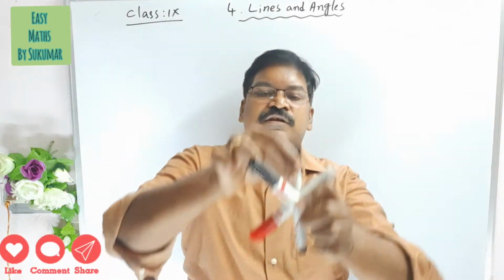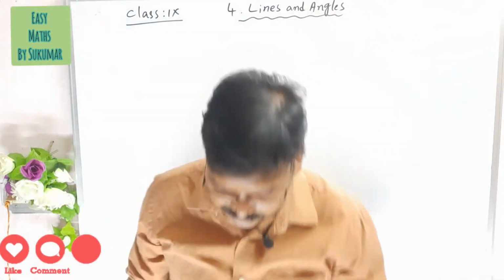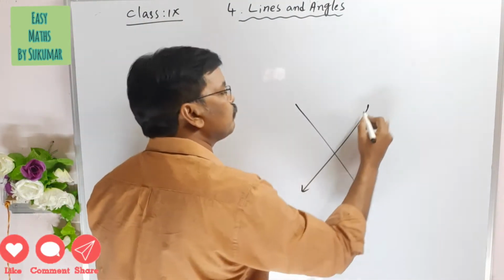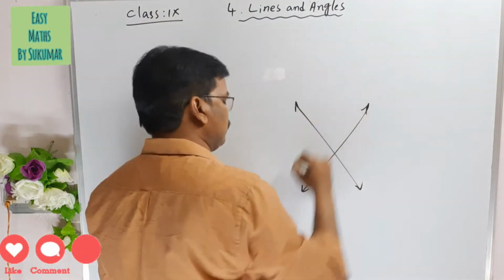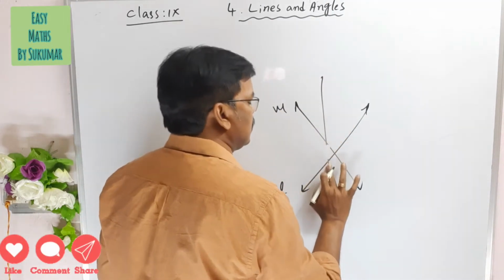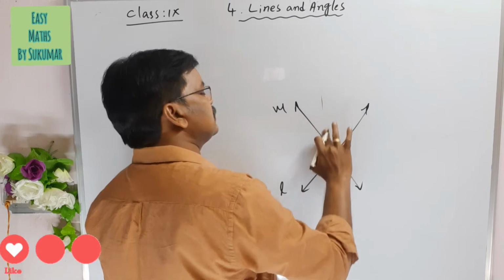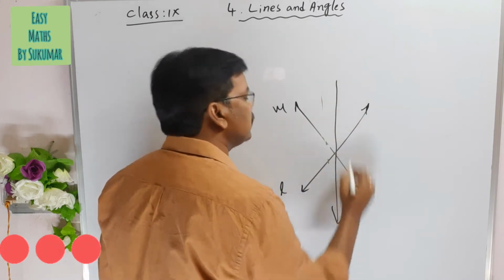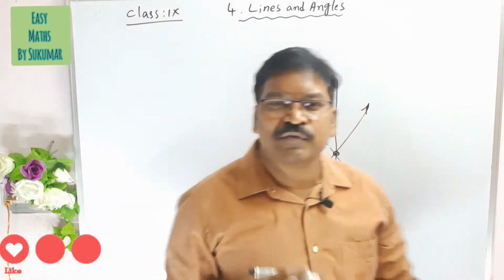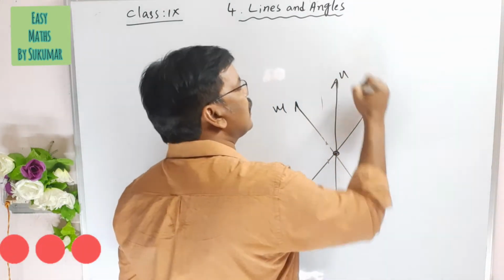They are intersecting at one point. For example, this is L, this is M and the other line is N. These three lines intersect at one point. So we can say they are called concurrent lines.